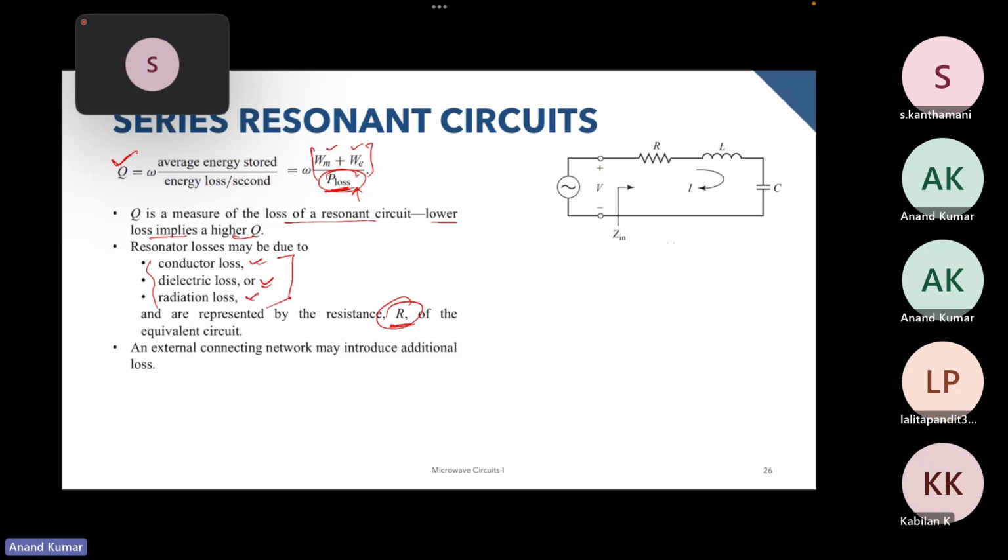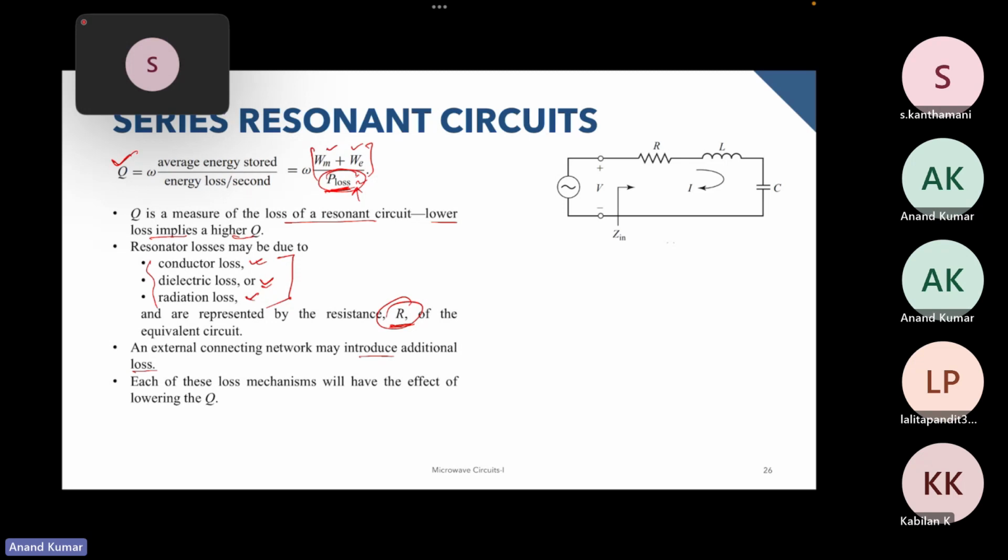And if you add any additional connecting network, that will also add to the losses in the circuit. So all kinds of losses will affect the Q and will lower the Q.